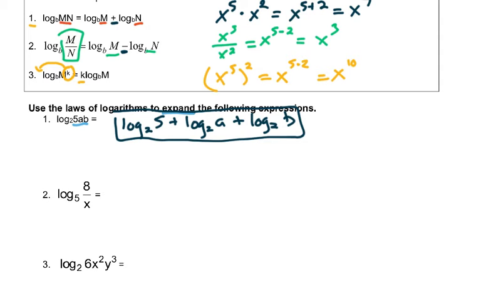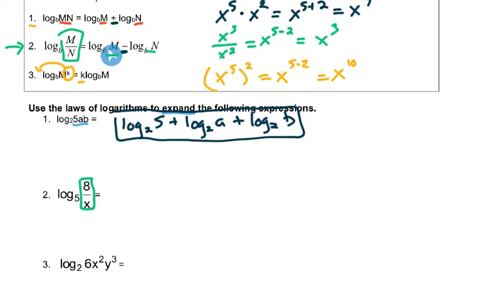All right, so now let's look at number 2. Log base 5 of 8 over x. Well, 8 divided by x means we're going to be using our division law. If we're taking the log of two terms where we divided, we can expand them with a subtraction sign. We give them both their own log and put a subtraction sign in between them.